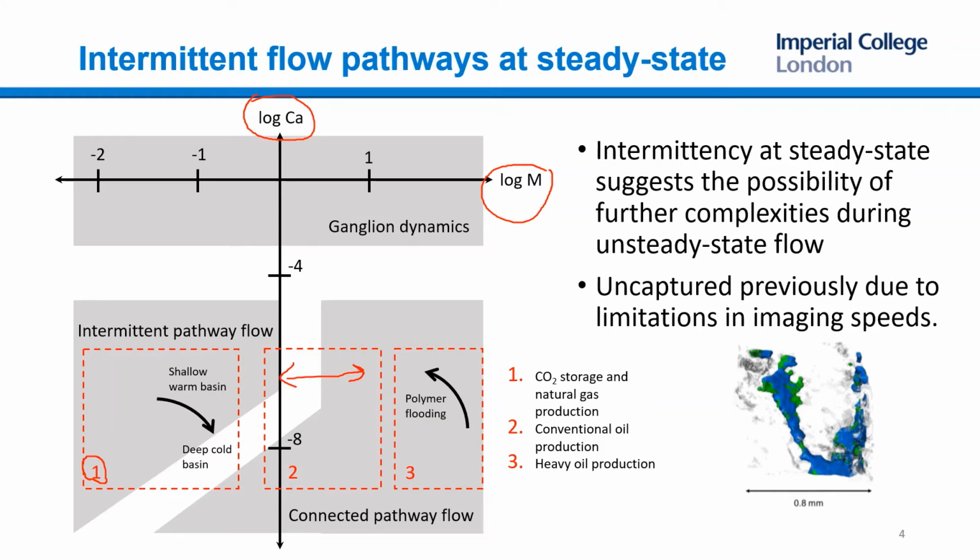but these had never been captured before due to limitations in imaging speed. This figure on the left was produced by observing time-averaged images acquired over 40 minutes, and an example of this image is shown here on the right.